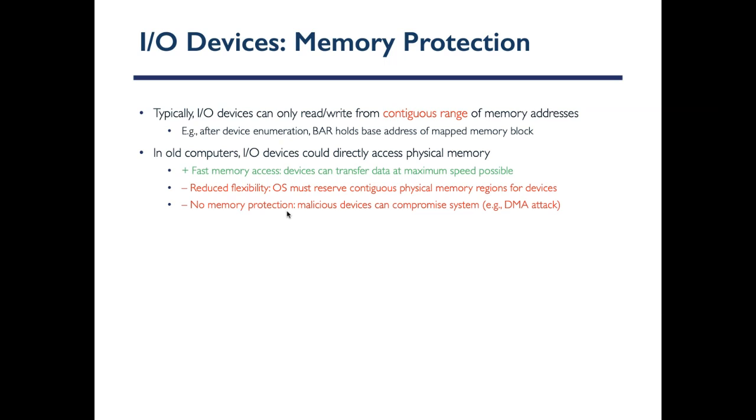In old computers, usually I/O devices could directly access physical memory, as I mentioned. In those cases, your device uses physical addresses to communicate with the memory. The same with the device driver, usually communicating with the device using physical addresses. It was fast because you don't need to translate anything, right?